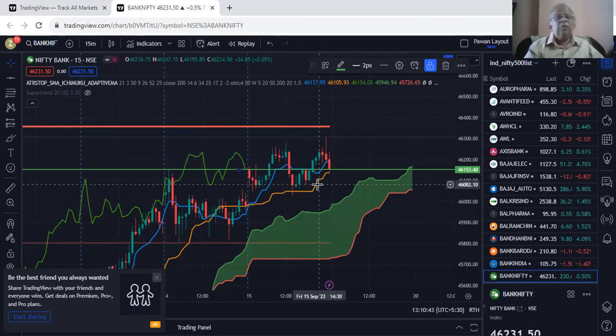There one must buy, and intraday players should wait for the trade confirmation of bullishness, but short-term players can enter into this level, the Kijun-sen level.